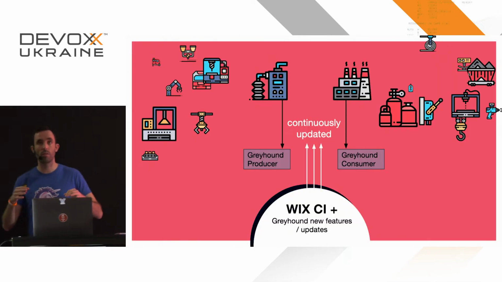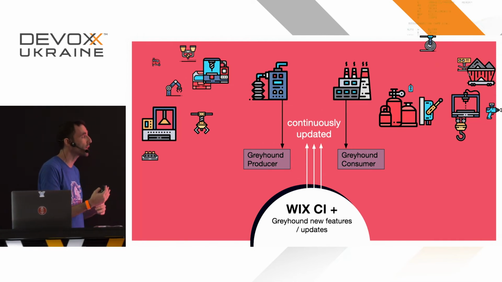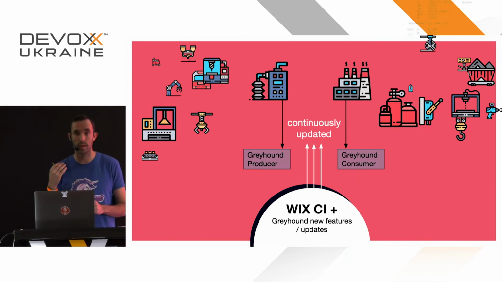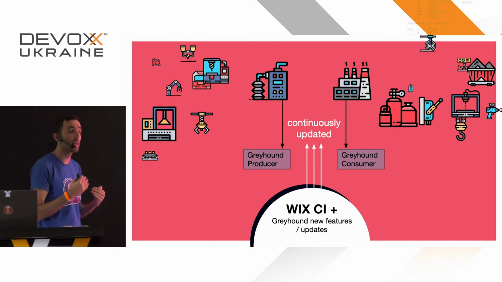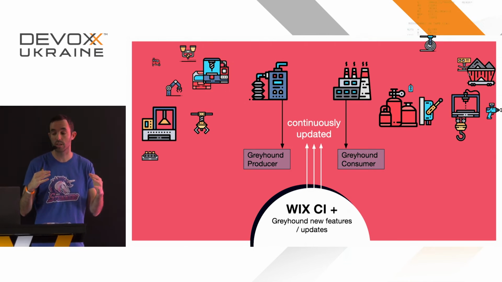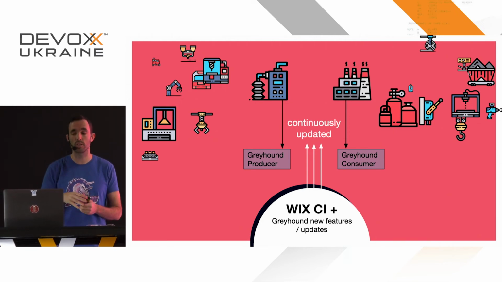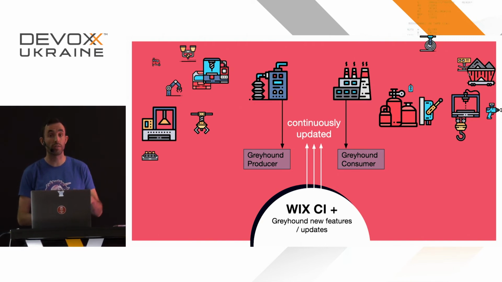And for us at Wix, we have a continuous integration pipeline built on top of the Bazel build tool, where all dependencies keep getting updated from source. So that means that you never have to decide when to upgrade to a new version of your dependency.